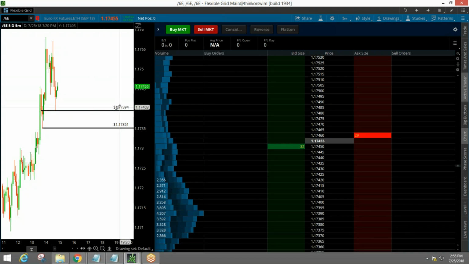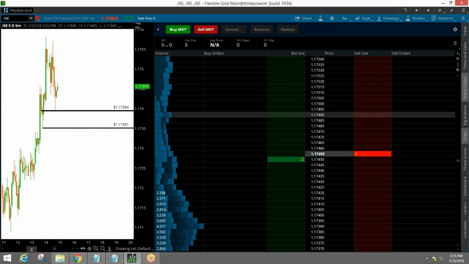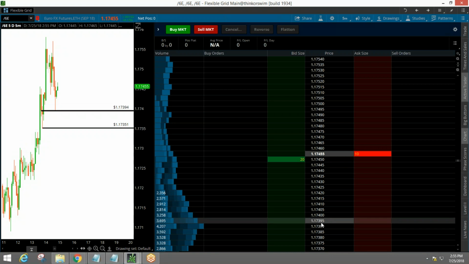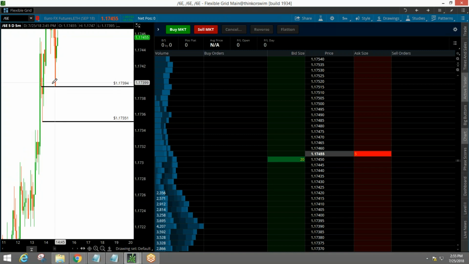And you'll occasionally see something like this too. This is something I forgot to mention. It says 1.17394. All right, look over here. You see 394 here anywhere? Not at all. So in this case, it's just refining your lines a little bit more.